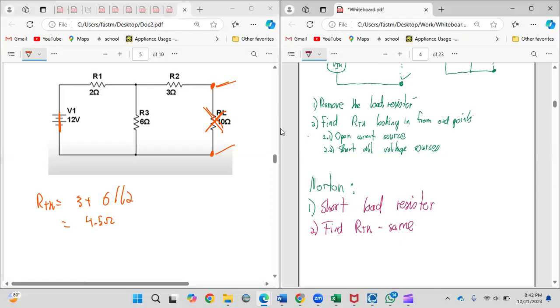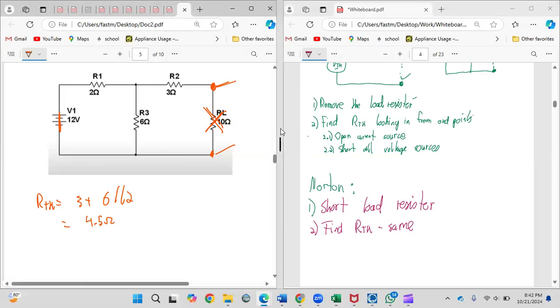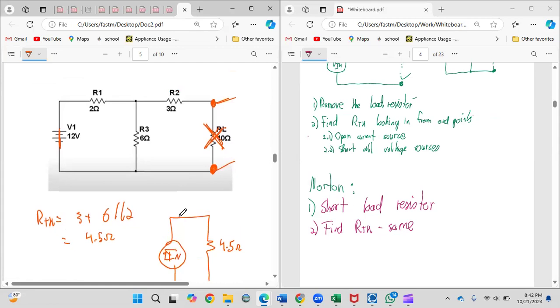I have a short circuit here. I want the equivalent resistance looking in from these points. So that's how to do it. So you have that, that's the first piece. So remember R Thevenin is in parallel for this one. But we don't know what I Norton is as yet, which is your current source. So now we look back at the first circuit.